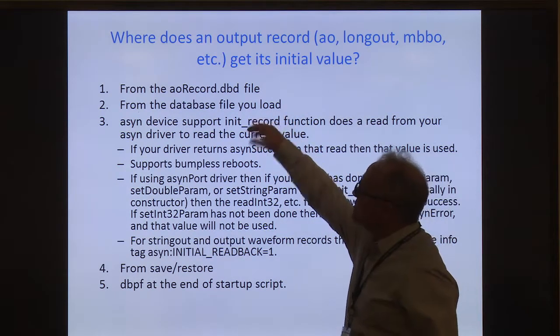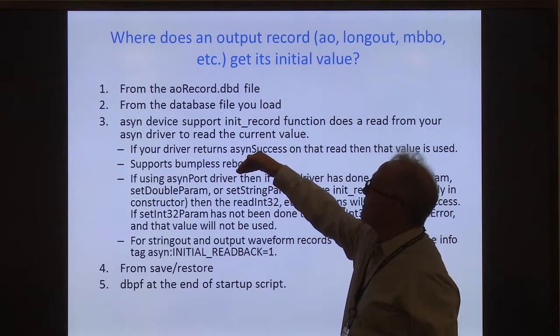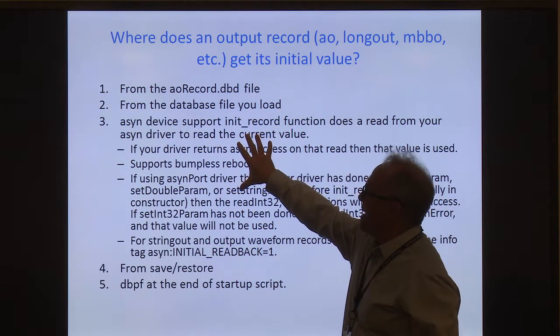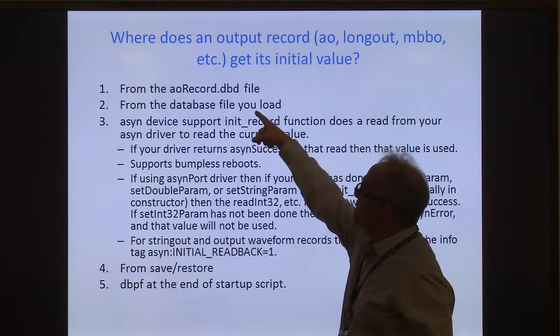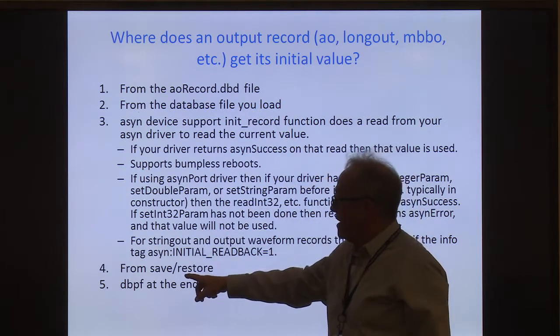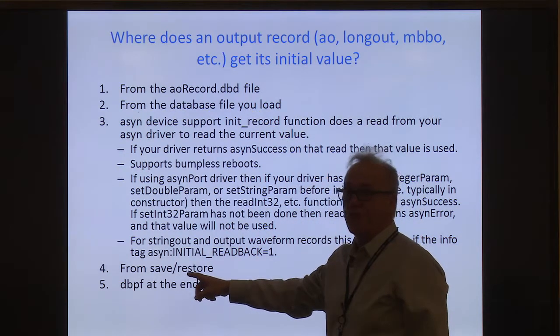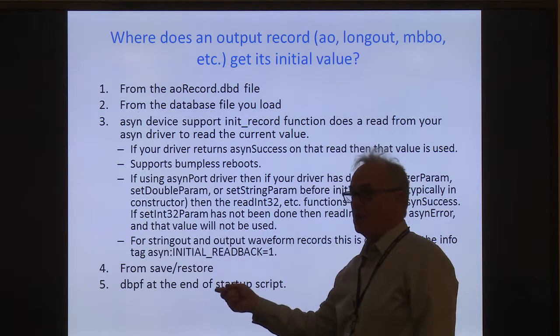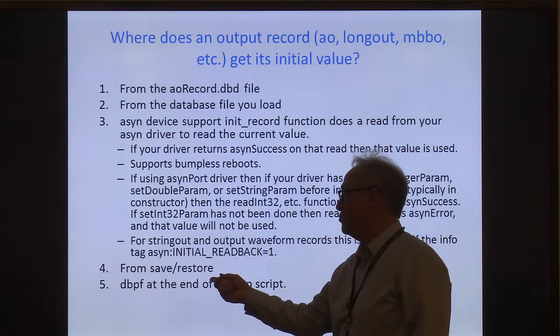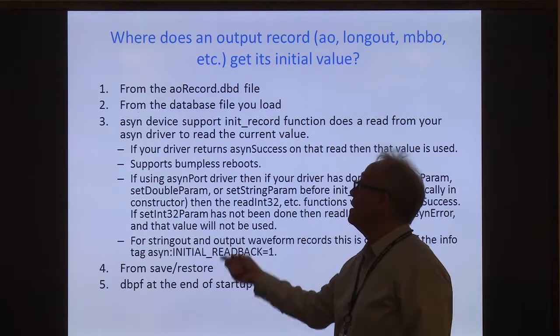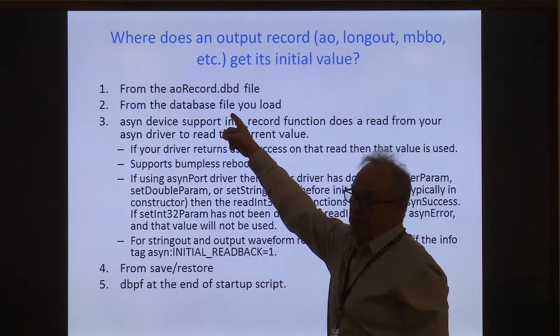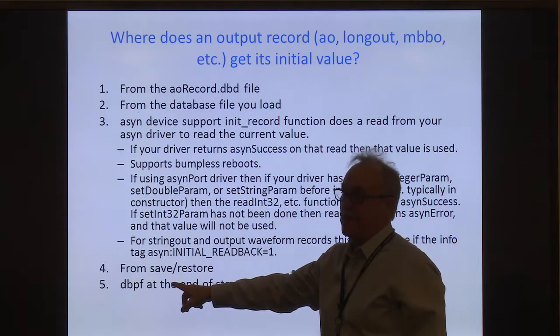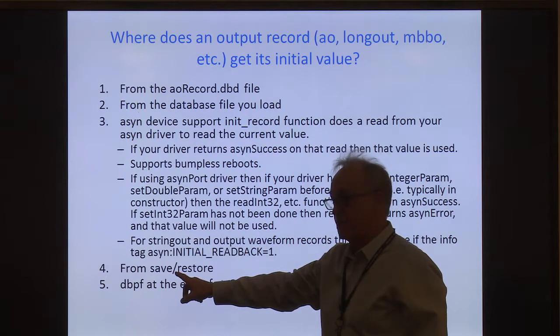So this is the order in which things happen. If this failed, it would be using the database file. But then the next thing that happens is save restore. If autosave auto restore is running, then even if you put a value in your database file, that will get replaced by the value that's in save restore.